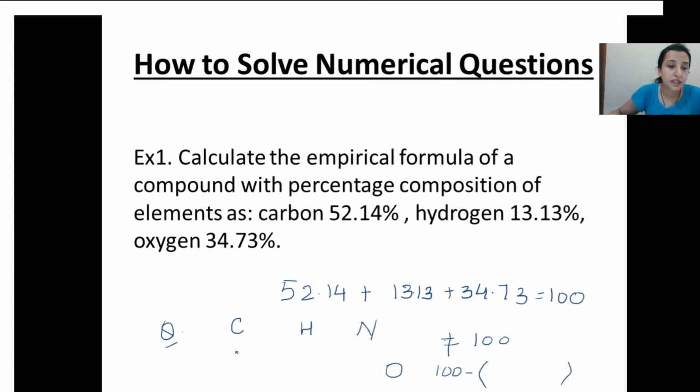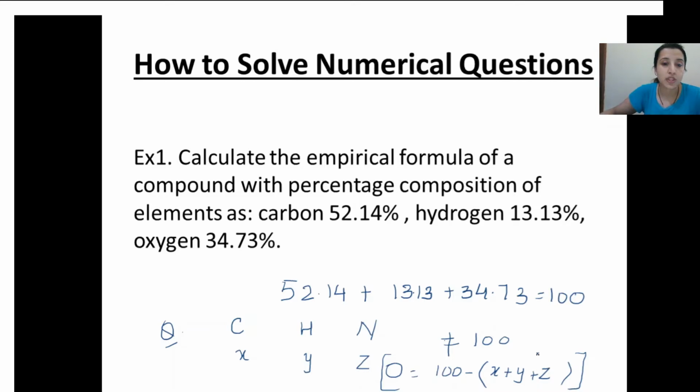Suppose the percentage of carbon is X, percentage of hydrogen is Y, and percentage of nitrogen is Z. So how can you calculate the percentage of oxygen? If your total percentage is not coming out to be 100, then 100 minus X plus Y plus Z. So that will come out to be the percentage of oxygen.